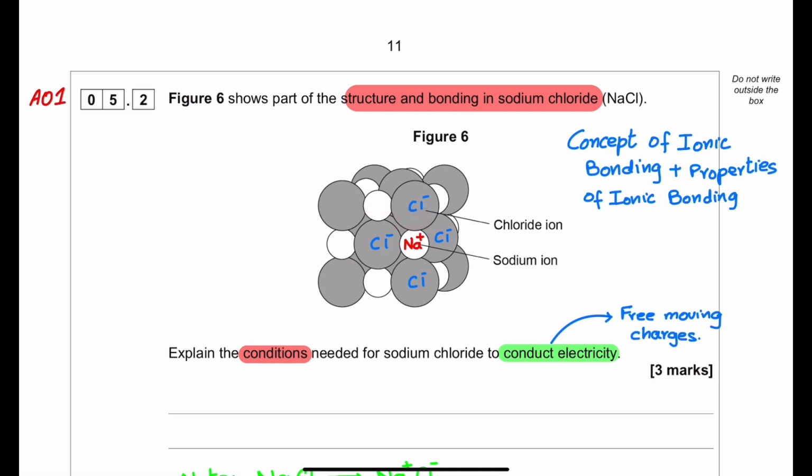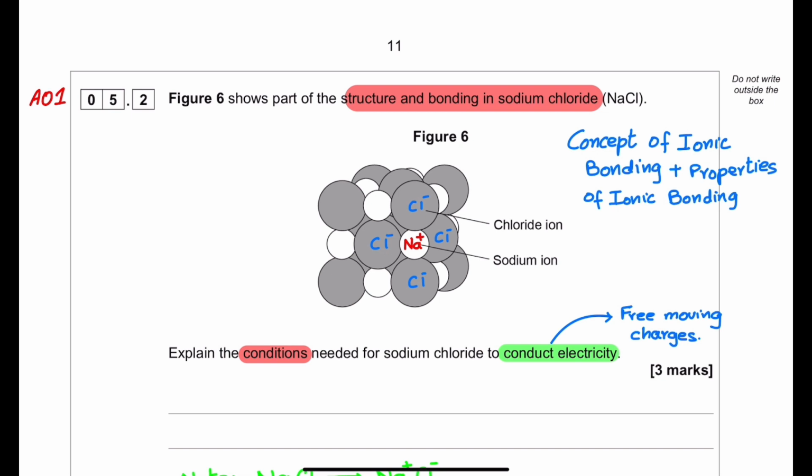So it looks like these ions are not free. Sodium chloride cannot conduct electricity because no free ions are present. But the question asks for the conditions, so we have to provide the conditions in our answer.